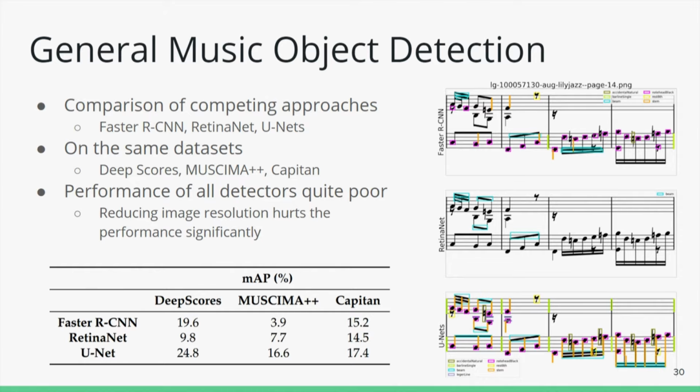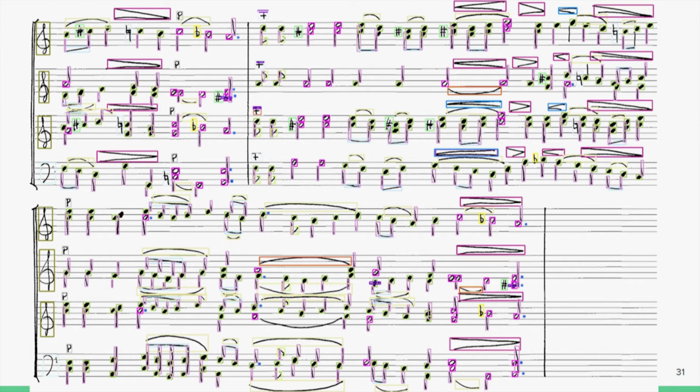So, is there an alternative? Well, there is an alternative between having the full page and the crops, which is to just crop them by stave and not chop them any further, because there are many objects that cross measure boundaries, or that horizontally span a large range, but not so much vertically.